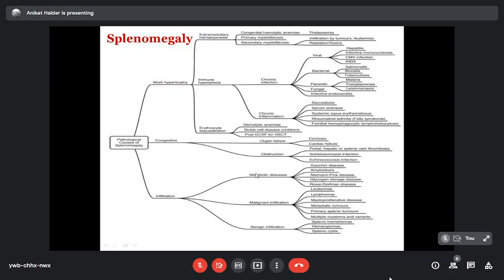Non-malignant causes can be metabolic, that is infiltration by the Gaucher cells, Niemann-Pick disease, glycogen storage disease, or can be malignant infiltration due to leukemias, lymphomas, metastatic tumors, which increases the overall reticulum and the vascular bed, and hence causes splenomegaly.